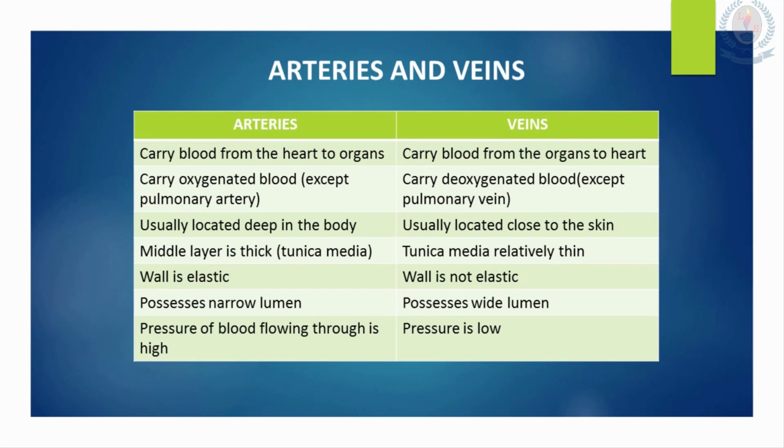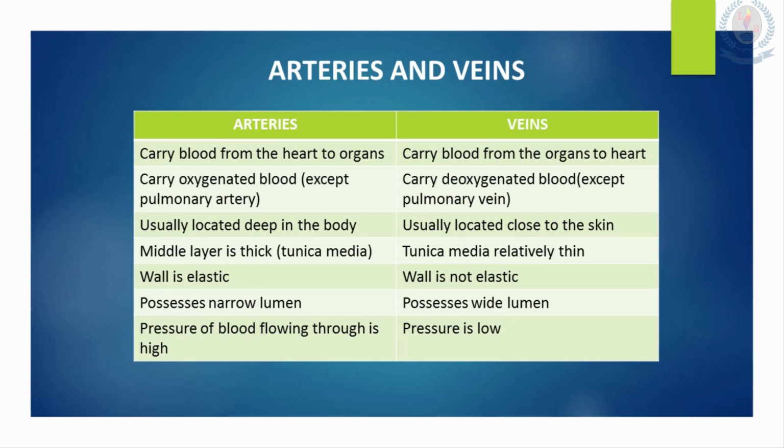Here in this table you are given the features of arteries and veins. So let's compare them. Arteries' main function is what? Carry blood from heart to organs. Veins carry blood from organs to heart.